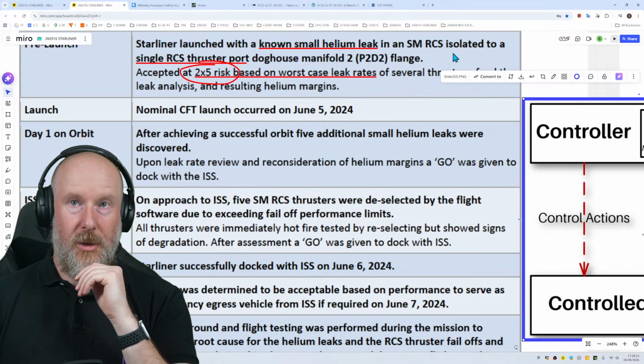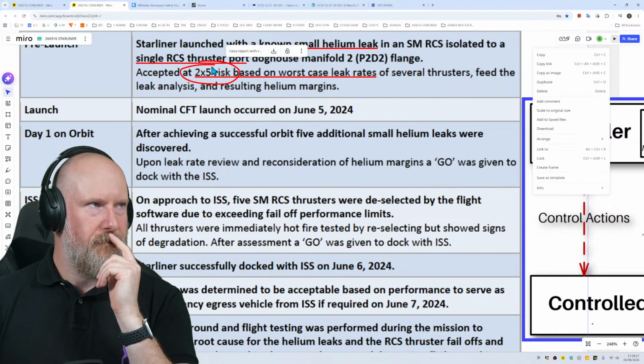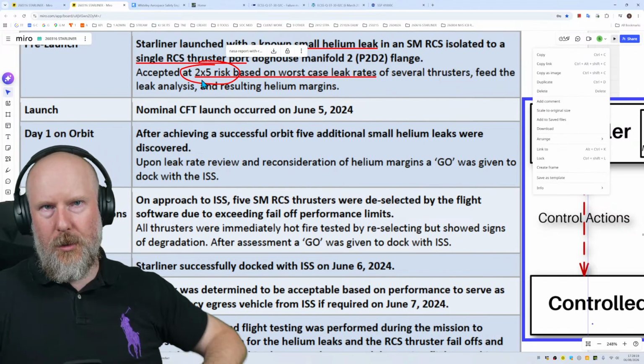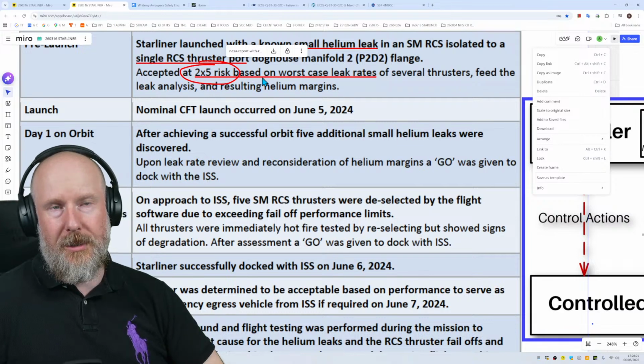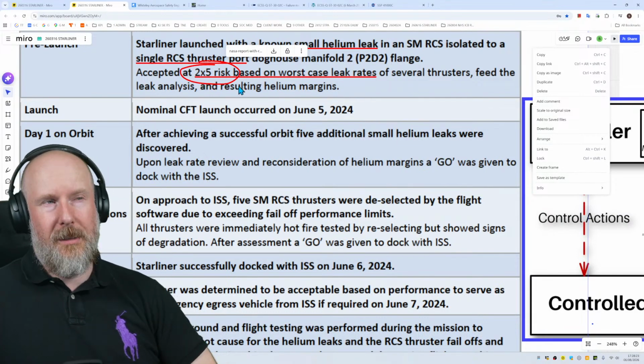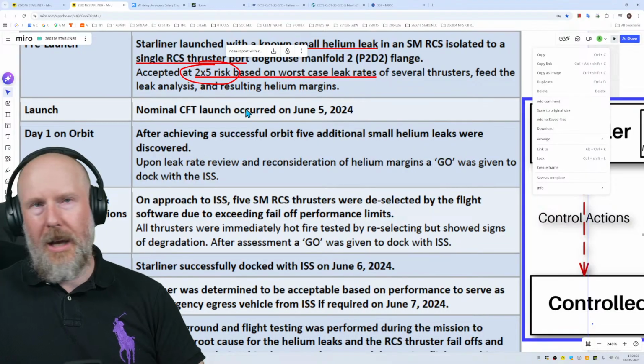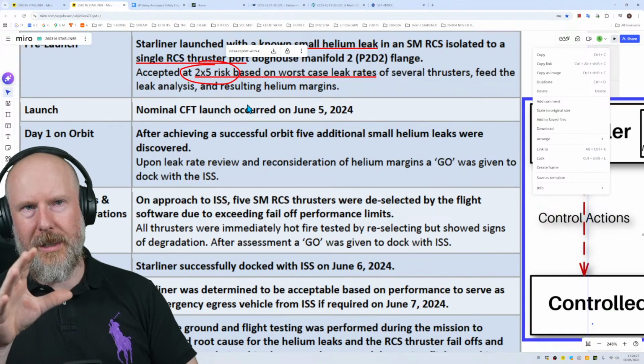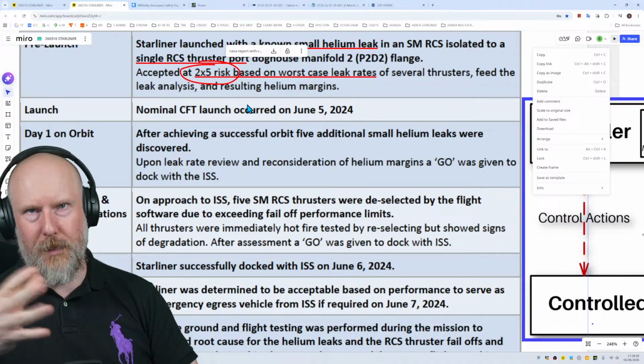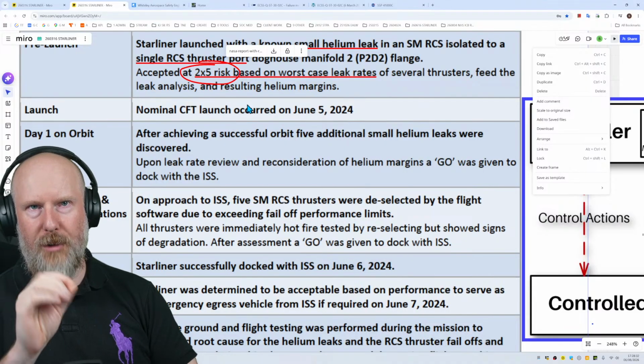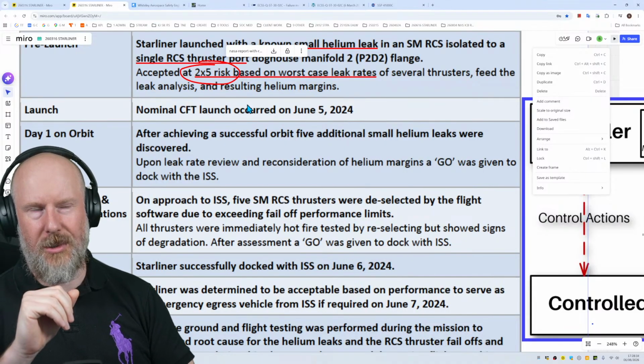The other observation that's interesting is this mention of a 2x5 risk. So I'm presuming, and you might be able to comment in the chat, that there is a risk matrix of some description in a document that's been reviewed and signed off as an appropriate way to make decisions.